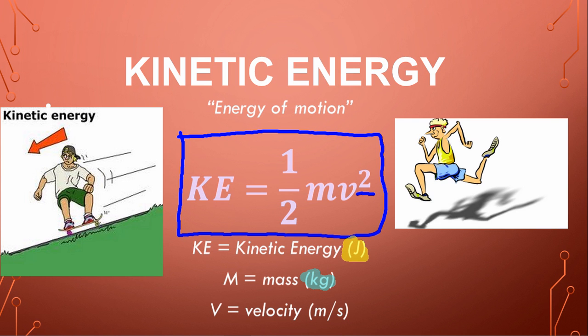And you need to know that velocity has the letter v, and that velocity has the units of meters per second. So anytime you see a joule, you're going to know it's energy. Anytime you see kilograms, you're going to know it's mass. And anytime you see a meter per second, you're going to know it's velocity.